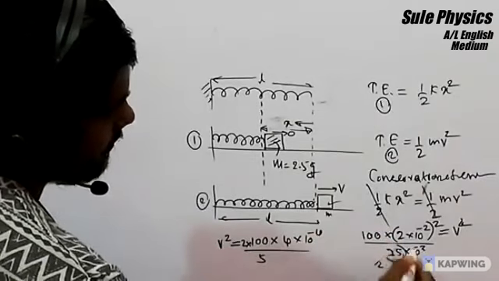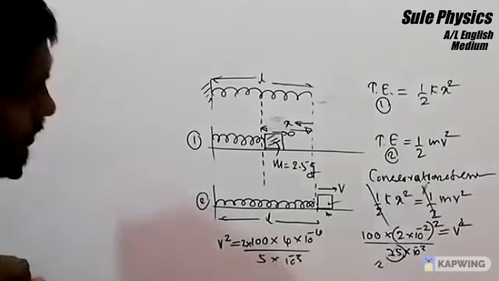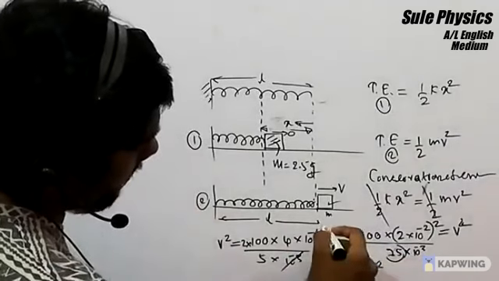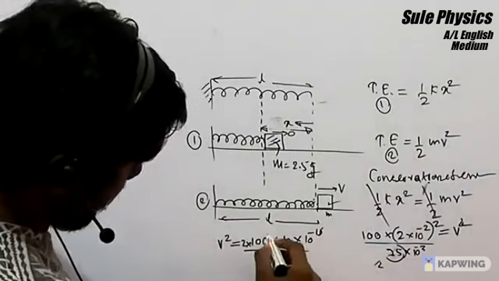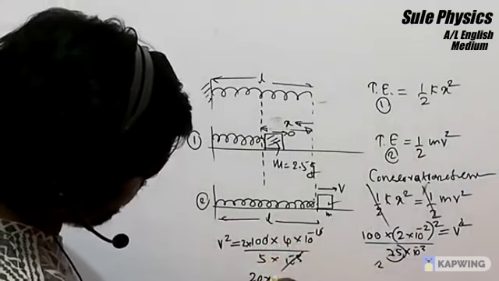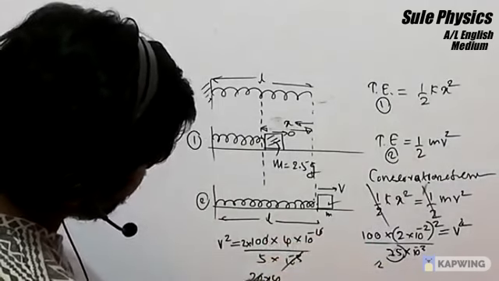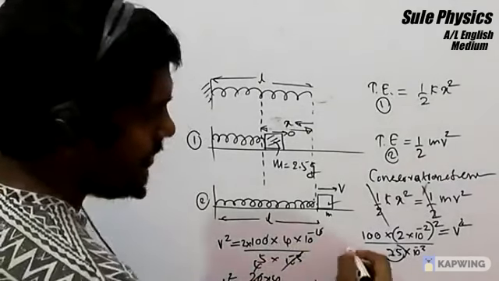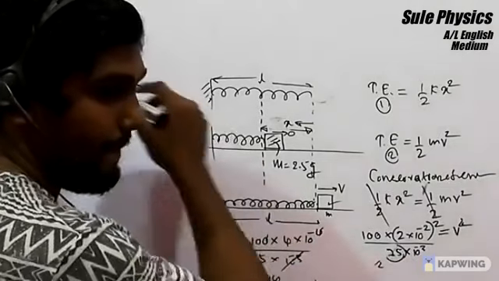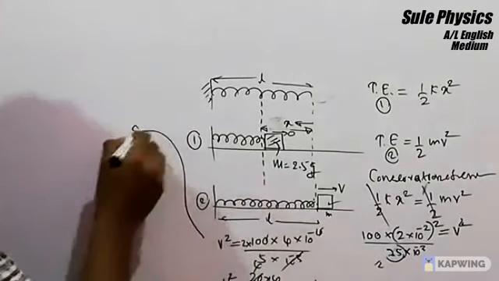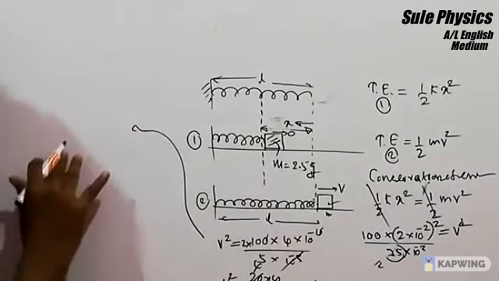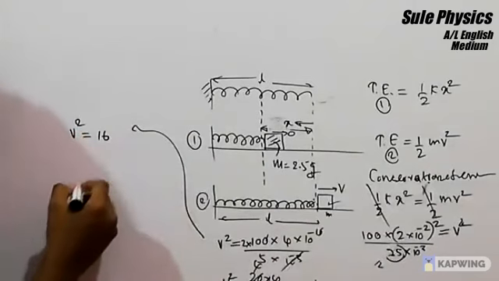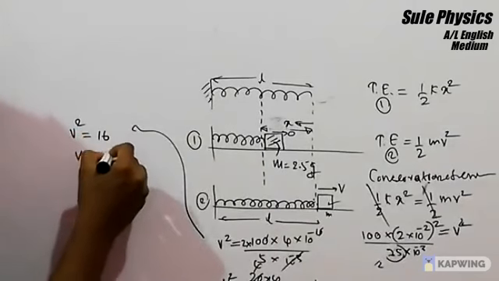Okay? 10 to the power minus 3. Then minus 3, 10 to the power minus 1, that means 10. 20 over 40 over 5, 4, simplification, right? You can simplify it later, right? You can't see the board, no? So finally, it results that v squared is equal to 16. So the velocity is equal to 4 m s minus 1.